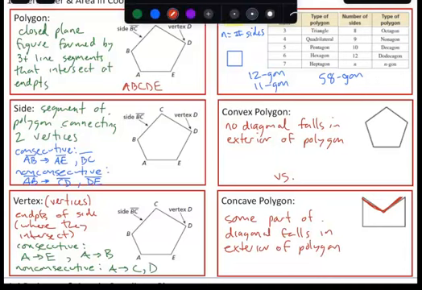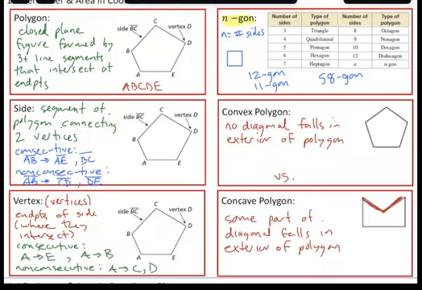All right, so let me show you with an example. A diagonal is just a segment that connects non-consecutive vertices. Okay? So when you take this figure right here, this figure has 5 sides, okay?